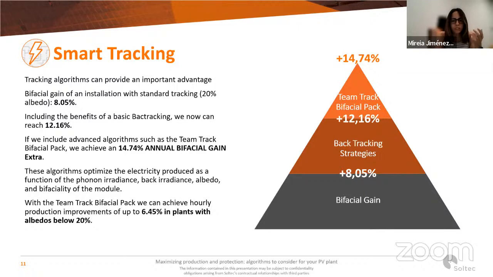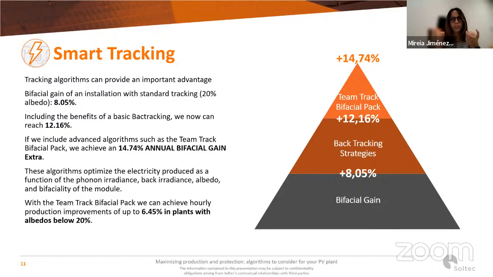If we consider that for a specific case, we can have a bifacial gain for using bifacial modules of 8% more or less. If we add basic backtracking strategies to avoid shadows on the front face during sunrise and sunset, we can reach more than 12% gain.